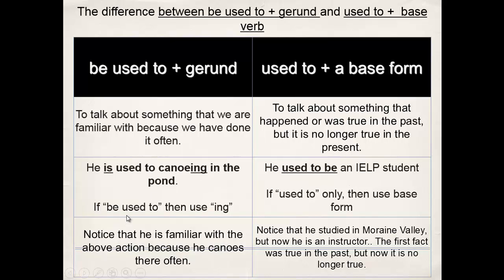Notice in the example on the left side of be used to plus a gerund, he is canoeing in the pond, that he's familiar with the action because he does that often and it's normal to him. But in this case, on the right, he studied at Moraine Valley, but now he's an instructor. The first fact was true in the past, but it's no longer true now.